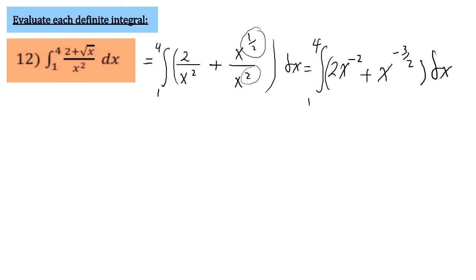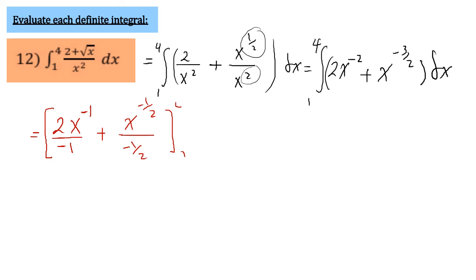So the integral of x to the power of negative 2, I'm going to add 1 and divide by the new power, plus x to the power negative 3 over 2, I'm going to add 1 and divide by the new power, from 1 to 4. So it's negative 2 x to the power negative 1, and negative half is going to be negative 2 also, x to the power negative half from 1 to 4.